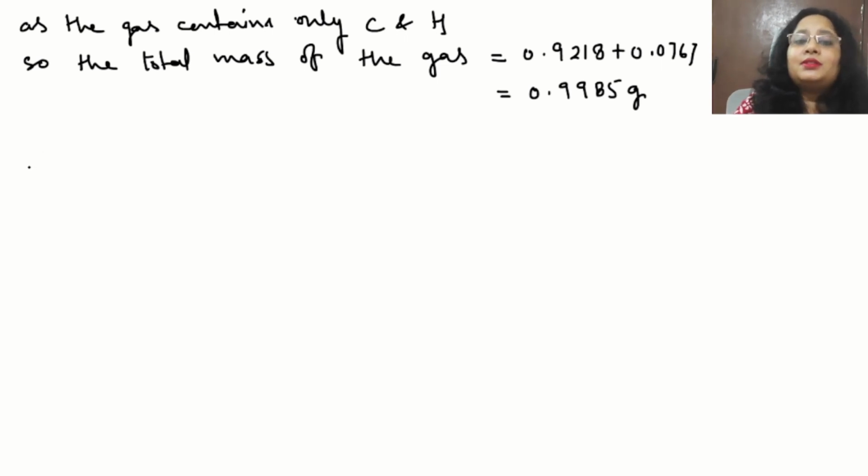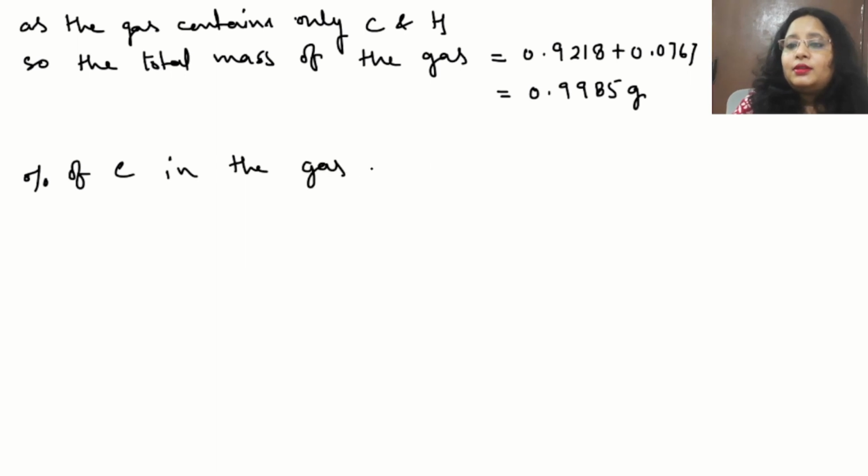Now, from this data, we are going to our next step to calculate the percentage of carbon and the percentage of hydrogen. So the next step will be the percentage of carbon in the gas, and that will be mass of carbon divided by total mass of the gas multiplied by 100.